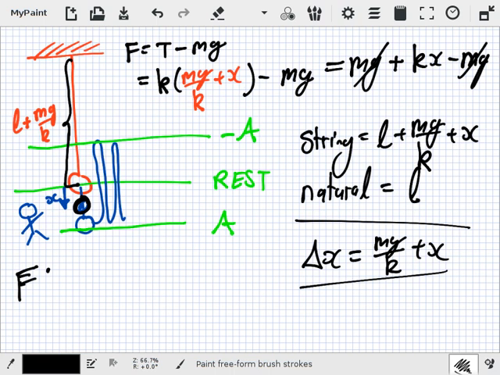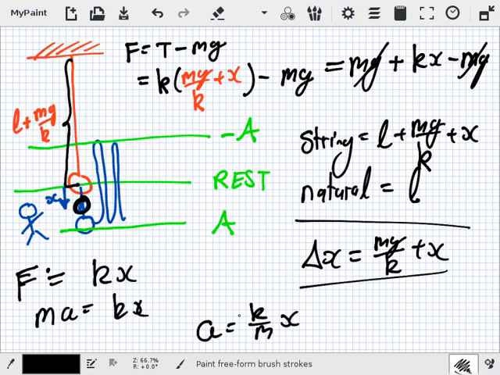So you end up getting this formula. I think I forgot something somewhere. No, that's it. F equals kx. That's not actually too shocking. What does F equal according to Newton? ma. And so what does a equal? k over m x.